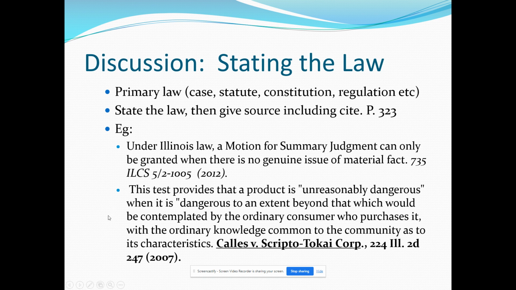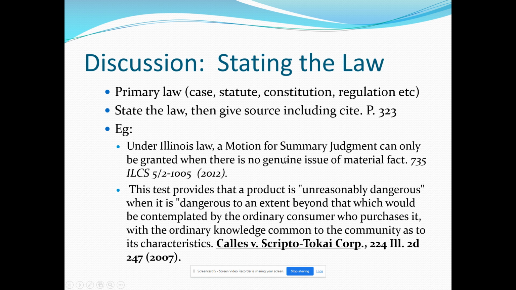On organizing how to write something, if we were stating a rule of law, we state our law and then we give our source, including the cite. So under Illinois law, a motion for summary judgment is only granted when there's no genuine issue of material fact.